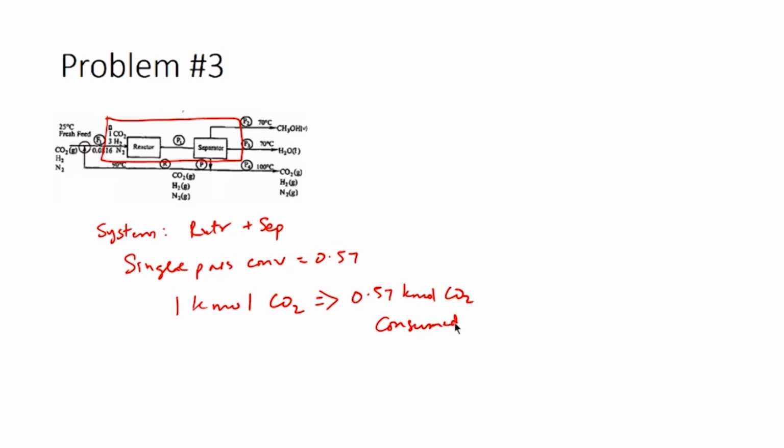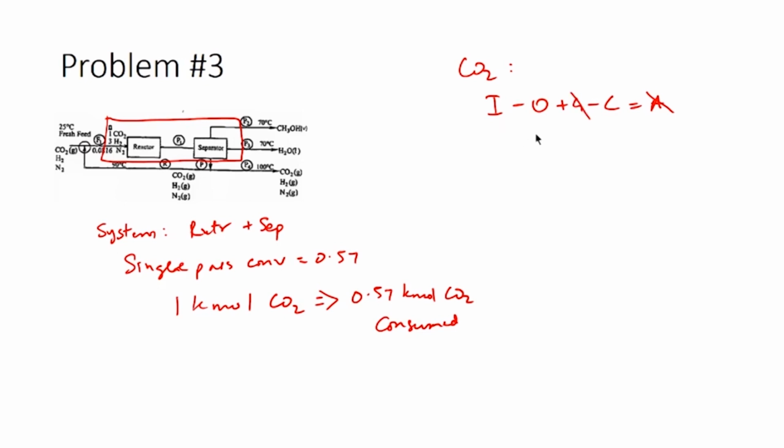Now to get information about CO2 which is leaving the system, we would have to write a CO2 balance. The CO2 balance for the system would be input minus output plus generation minus consumption equals accumulation. At steady state there will not be any accumulation, and as CO2 is a reactant, it is only getting consumed, there is no generation of CO2.